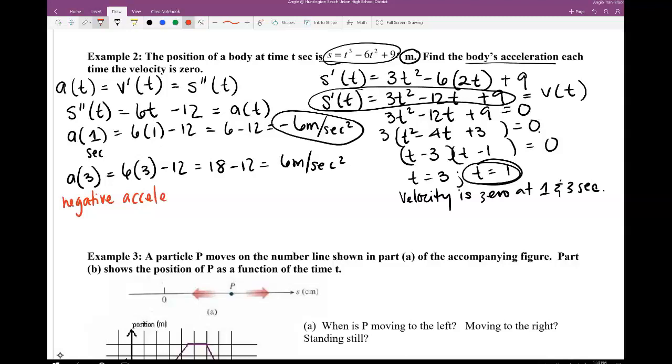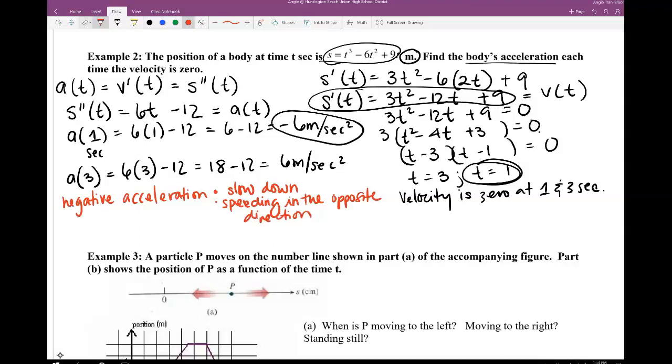Negative acceleration can mean two things, right? It can be slowing down, or it's speeding up in the opposite direction, okay? Okay, so how would I write the final answer?